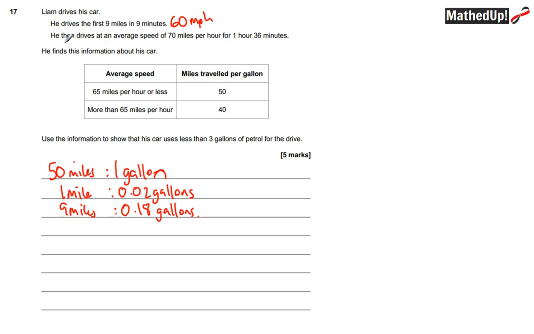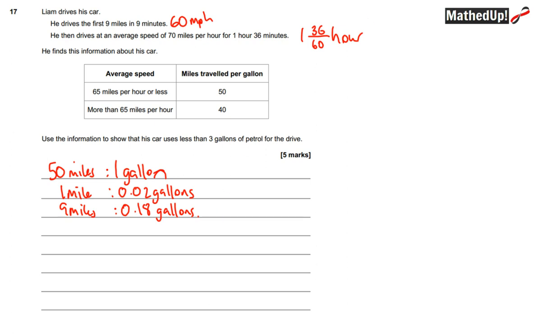Okay, let's concentrate on the second part now. He then drives at an average speed of 70 miles per hour for 1 hour and 36 minutes. So we need to know how far he travelled during that time. Now, 1 hour and 36 minutes, well, that's going to be 1 and 36 sixtieths of an hour.